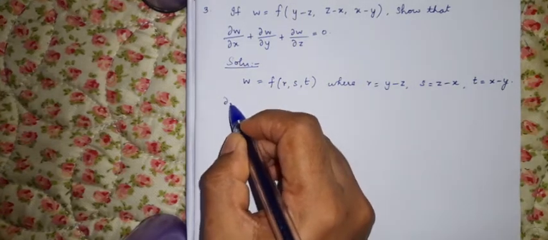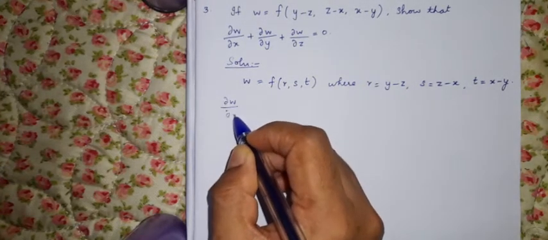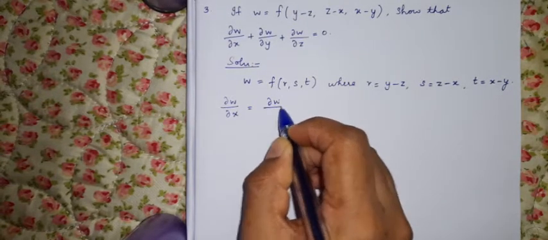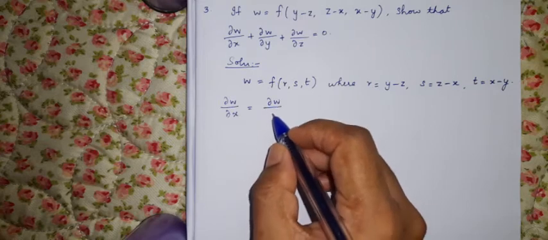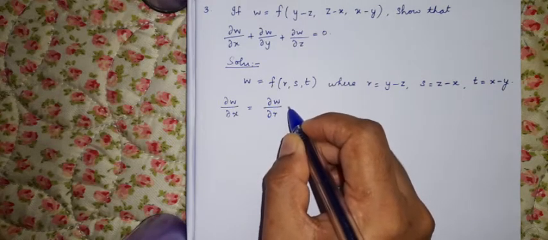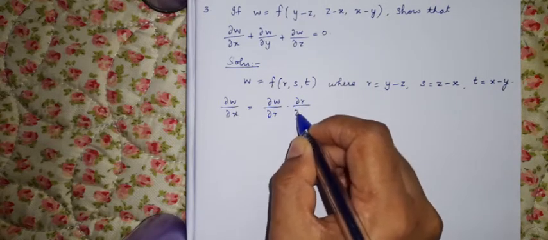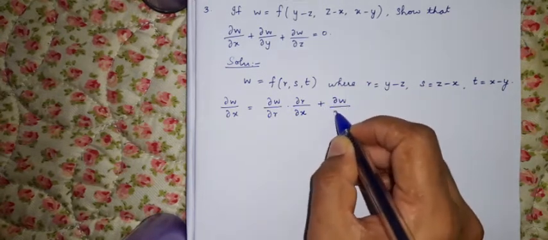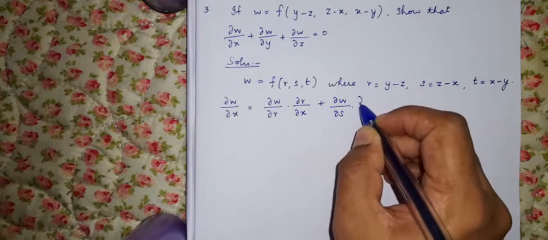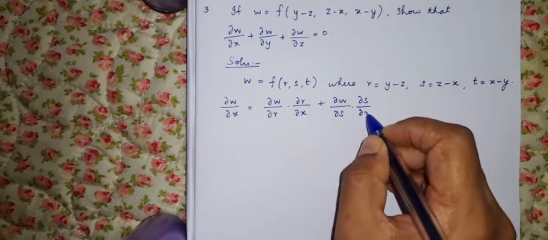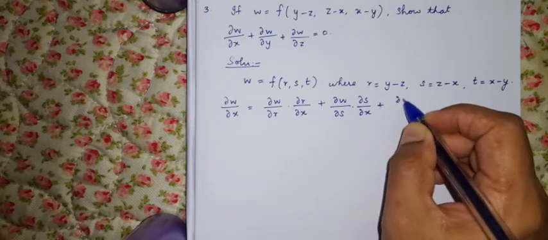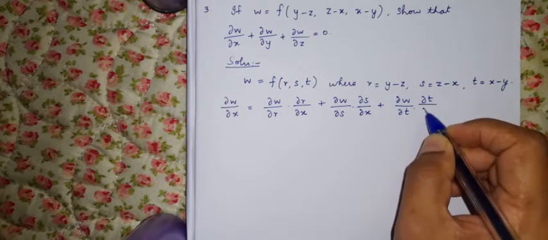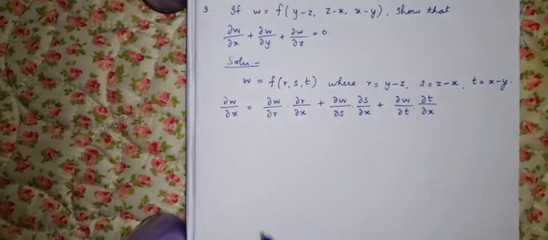So we can use a formula which contains w with respect to r and r with respect to x, then w with respect to s and s with respect to x, w with respect to t and t with respect to x.